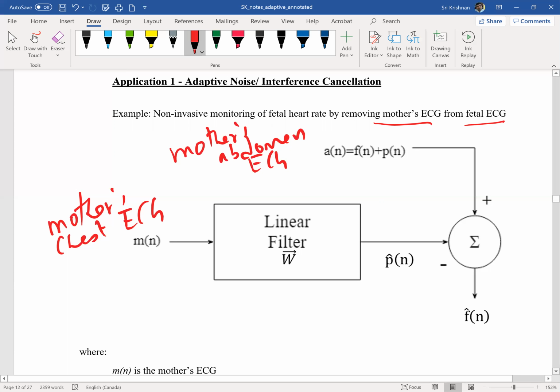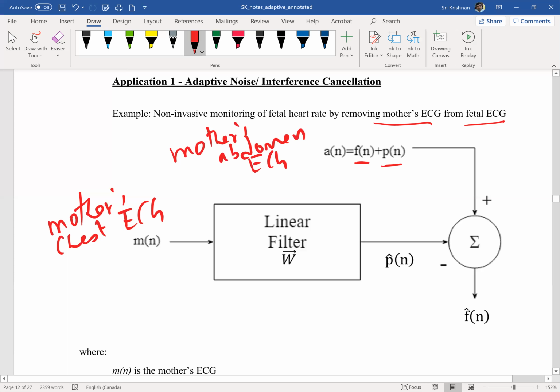Now, obviously, the mother's abdominal ECG has two parts added. One is F of N, the fetal ECG as detected at the abdomen of the mom in a totally non-invasive way. And we also have another signal, P of N, added at the mother's abdomen. This P of N is what's causing the interference. If you just put an ECG sensor at the mother's abdomen, you're not necessarily getting the fetal ECG alone.